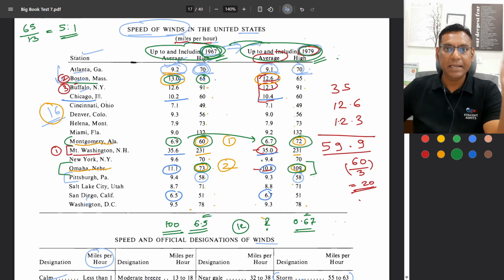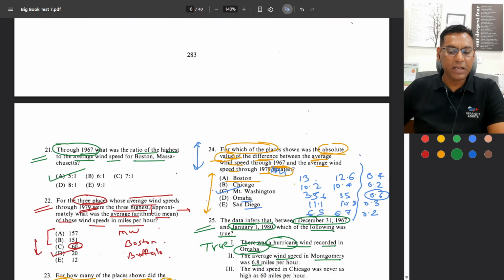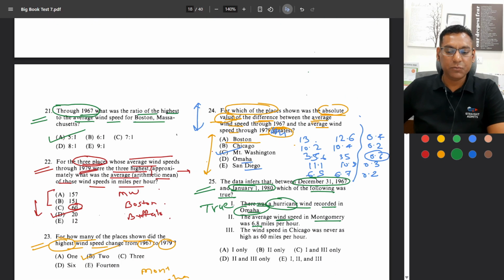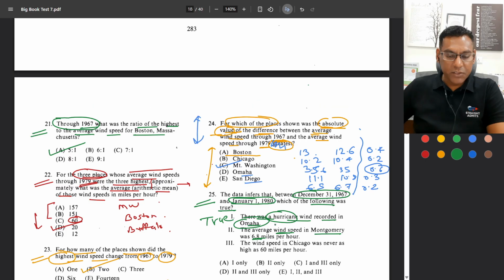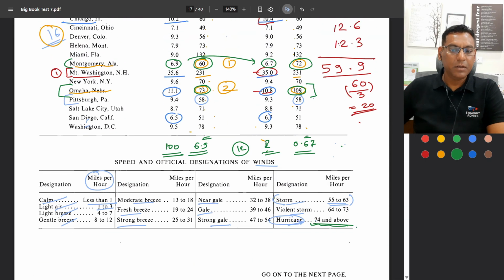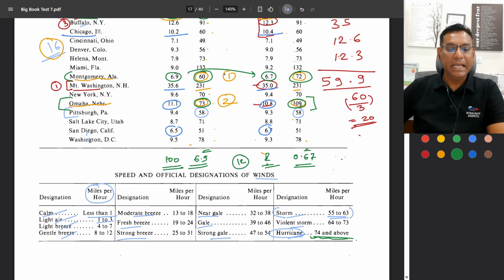The highest wind speed could have been there, but we don't know how many there were, and just too many things we don't know, right? So we can't say with certainty the average was 6.8. Also, the average cannot have been 6.8 anyway.